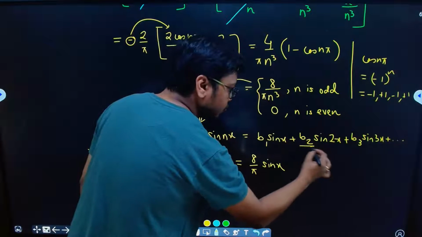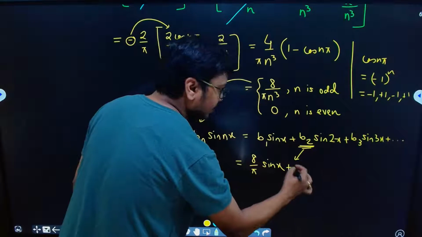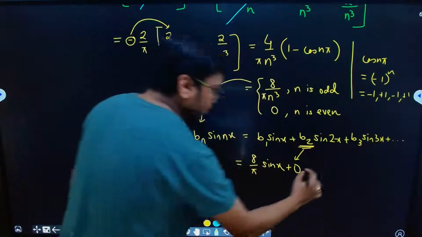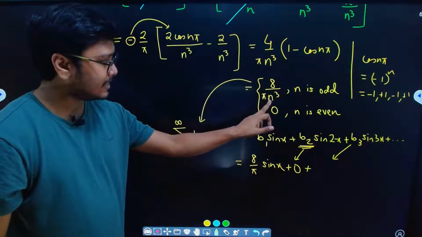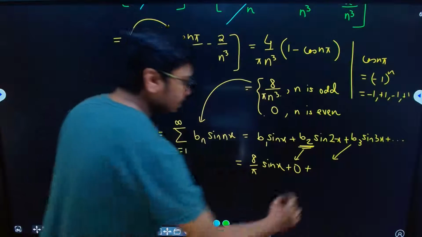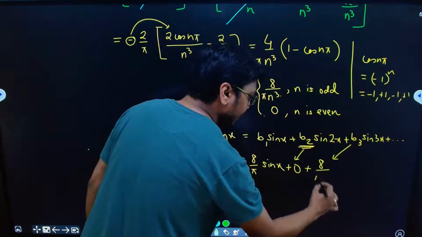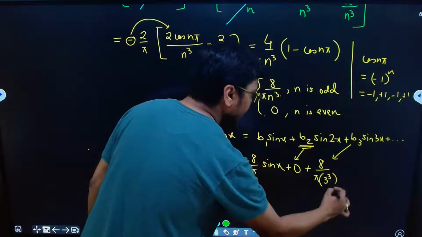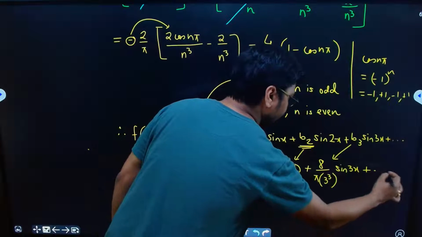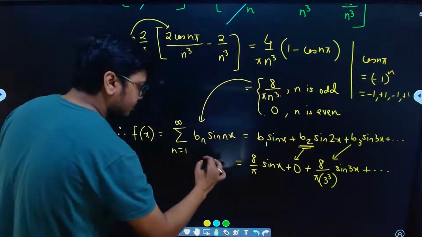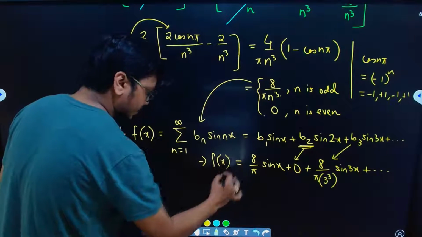When n is 2, it is becoming 0. When n is 3, this is basically 3 cube, right? So I will have 8 by pi into 3 cube sine 3x and so on. Okay, so this is my fx.